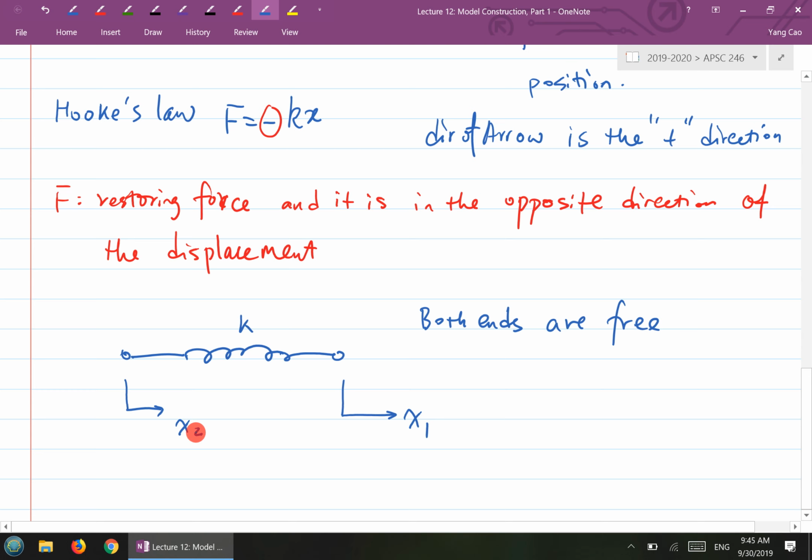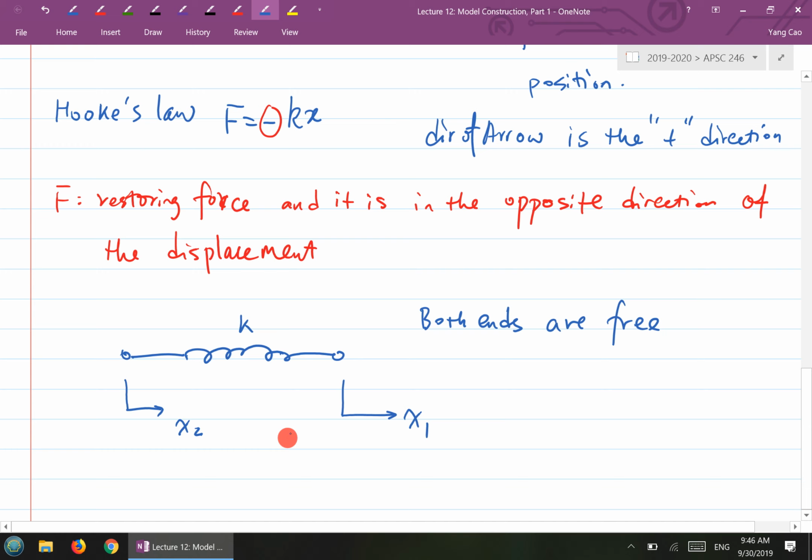You might wonder, can you define just one x for both ends? Unfortunately, you can't, because both ends could move differently, so you have to use two different variables to describe the displacement of each end.